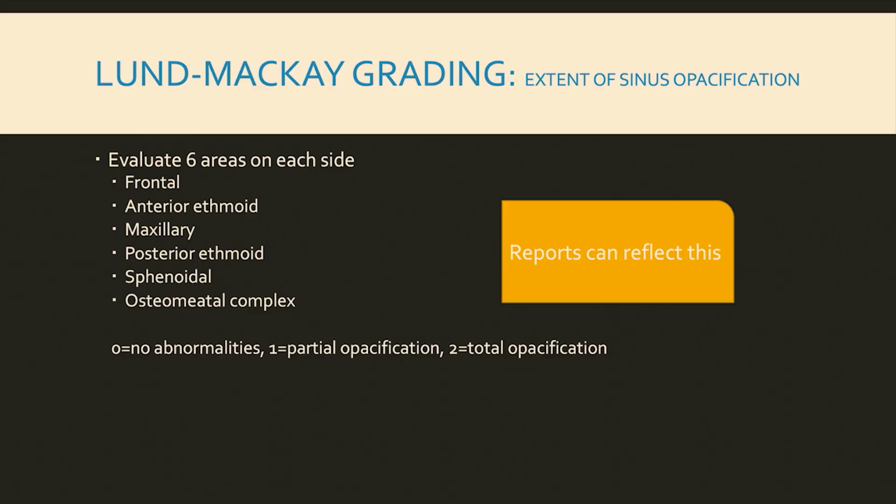There's literally 3 things you need to say about each sinus. It's either normal, it's partially opacified, or totally opacified. That's it, right? So I go through all these things, and in my dictation, I'll say, next field, next field, and it just says normal, partially, total, right?